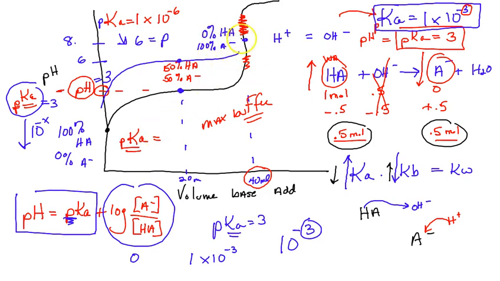Let's say phenolphthalein, which turns pink in the presence of a base. Its pKa, off the top of my head, is probably 8 or 9. Let's make it 9. What does that tell me? It tells me the color change for phenolphthalein will turn pink and buffer around this region. Here's a buffer region.